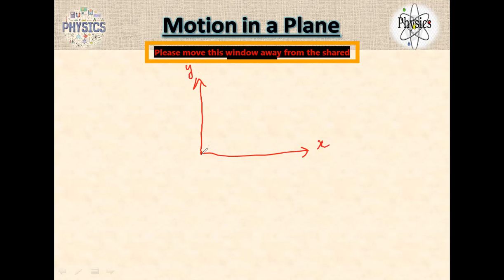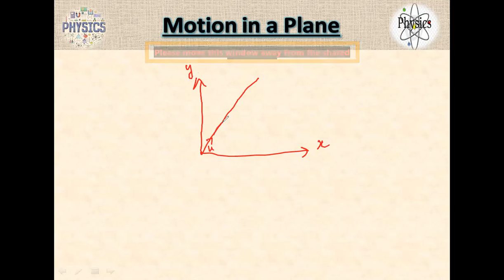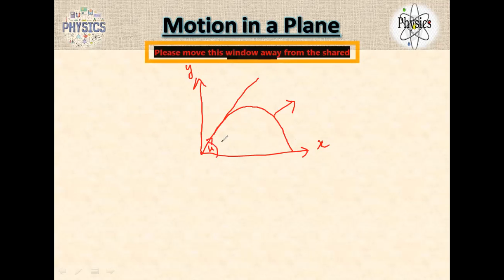If I throw the object in this direction, I just throw that object with the initial velocity u, but what happens after a certain time is that it follows the path of this motion. We call this the parabolic path. So when you throw an object with an angle theta to the horizontal direction, this direction we call the horizontal direction, and the upward direction is the vertical direction.